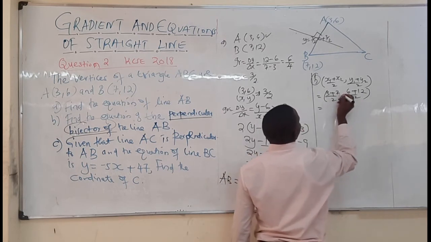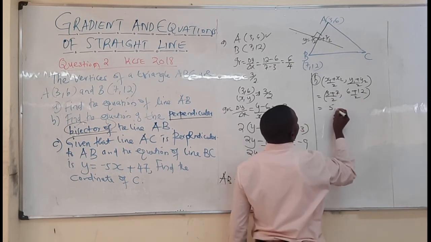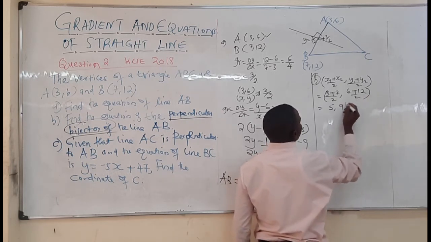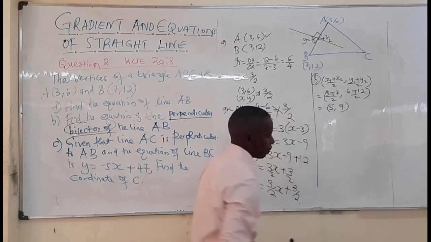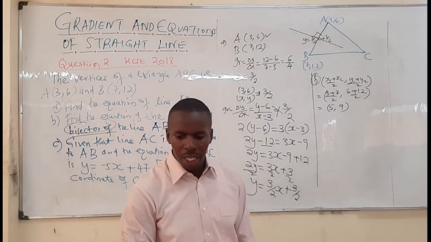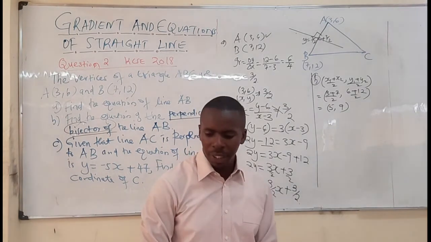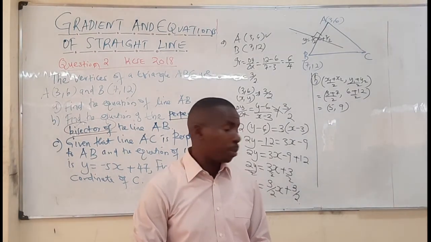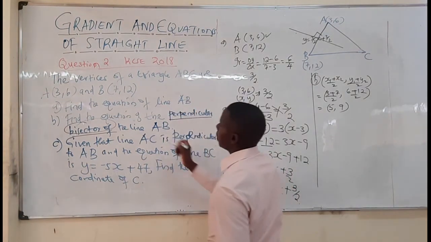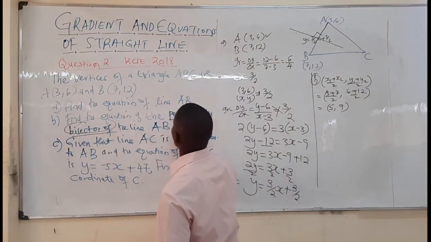So this is 3 plus 7 is 10 over 2, 5. Then 6 plus 12 is 18 divided by 2, 9. So that is the point where the perpendicular bisector is passing through, (5, 9). Now we are interested in getting the equation of this perpendicular bisector.